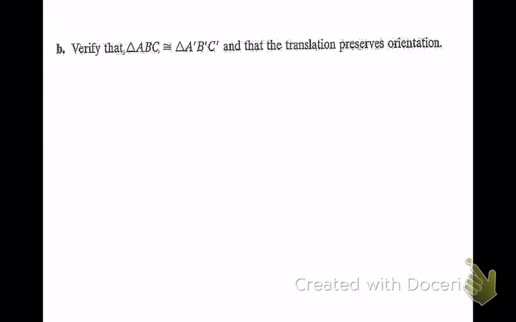We have to verify that triangle ABC is congruent to triangle A prime, B prime, C prime, and that the translation preserves orientation. So we need to find the distances.